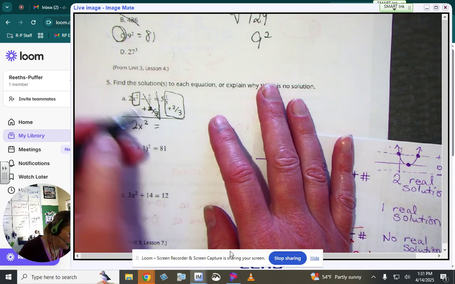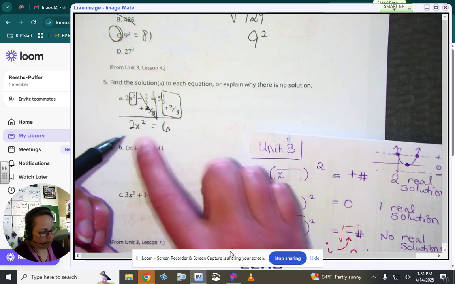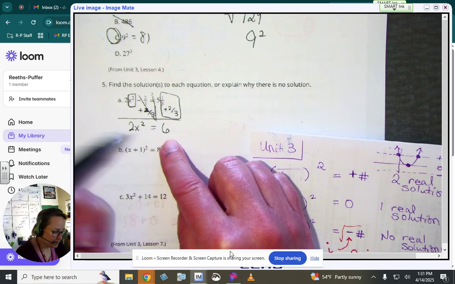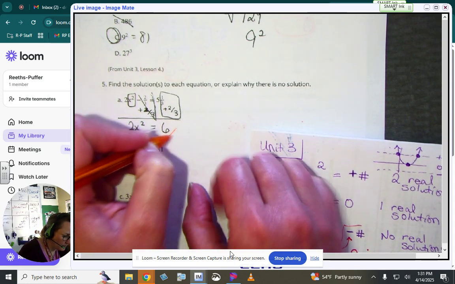So 5 plus 1 is 6. Okay, so now I have x, then I'm squaring it, multiplying it by 2 to get 6. So to undo that, I have to now divide by 2.